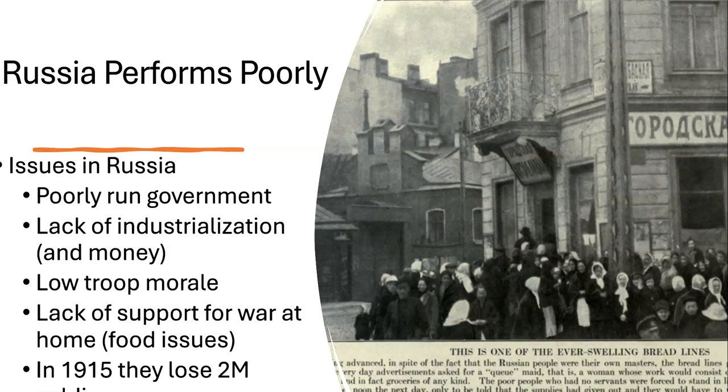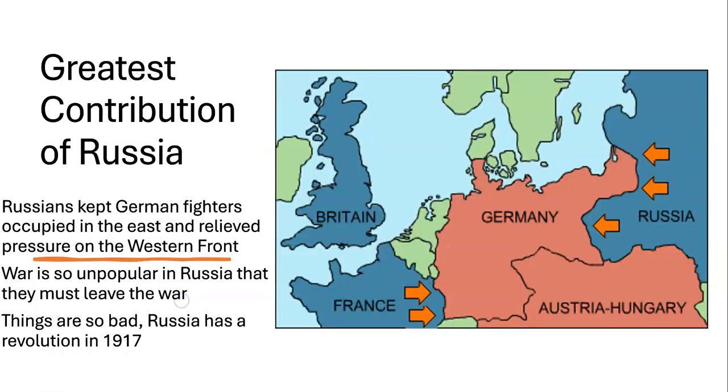Just to show how badly Russia is doing, in 1915 they lose 2 million soldiers. Now, the greatest contribution of Russia is that they helped to pull some of the German focus away from France. They relieved that pressure on France by fighting in the east, but eventually things would get so bad that they would have to leave the war and they would have a revolution that we will talk about later.